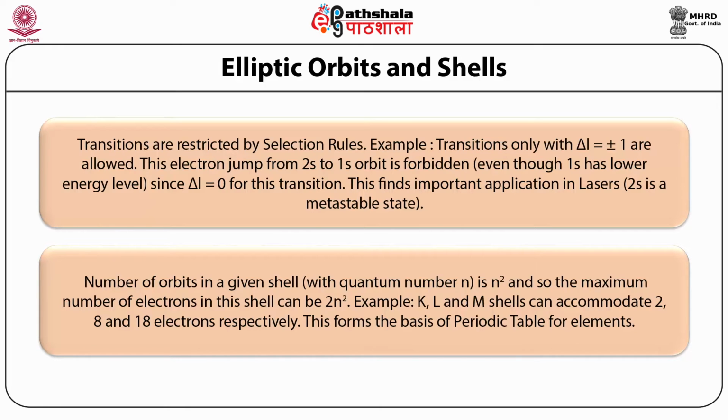For example, K, L, and M shells can accommodate 2, 8, and 18 electrons respectively. This forms the basis of the periodic table of elements. Regarding the selection rules, we'll come back to this again while talking about the Schrödinger equation.